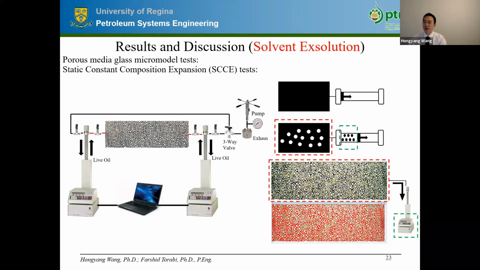Here we have conducted solvent exsolution tests in a porous media glass micro model instead of a bulk phase visual cell. As we can see, the live oil was saturated in the micro model, and then the live oil underwent a pressure depletion process to generate gas bubbles.